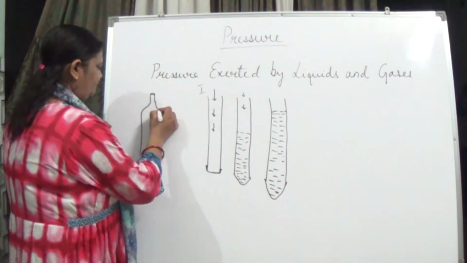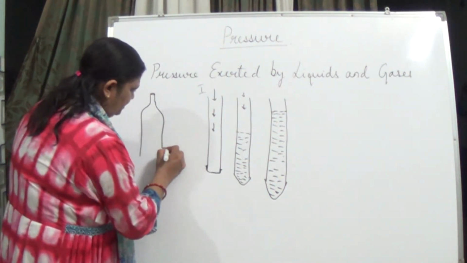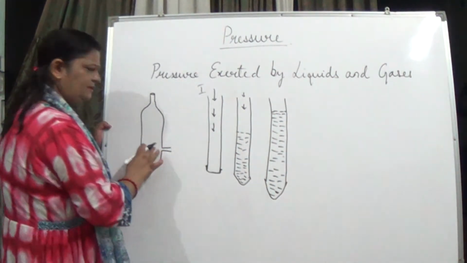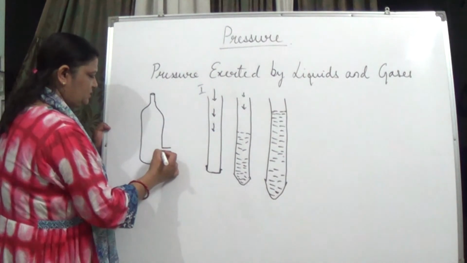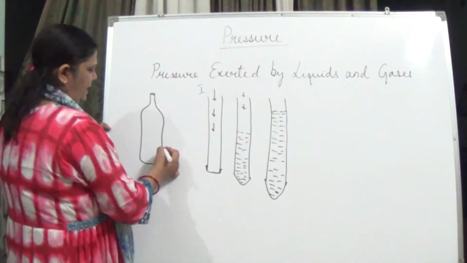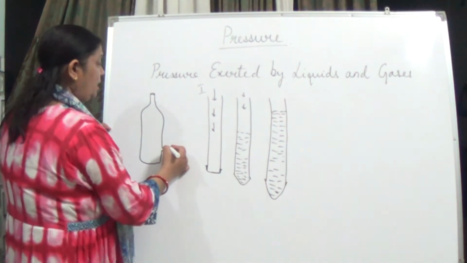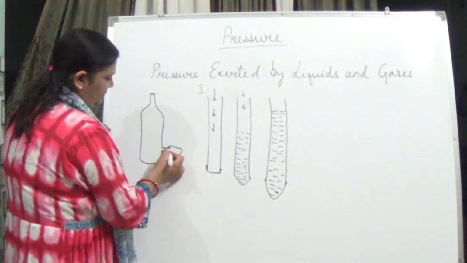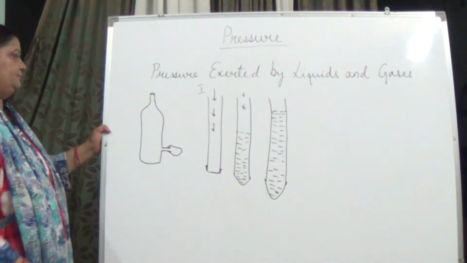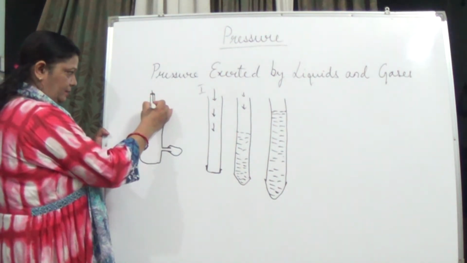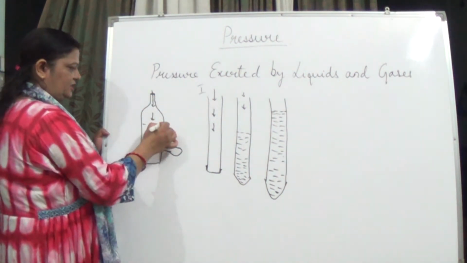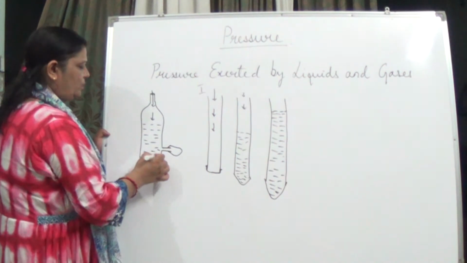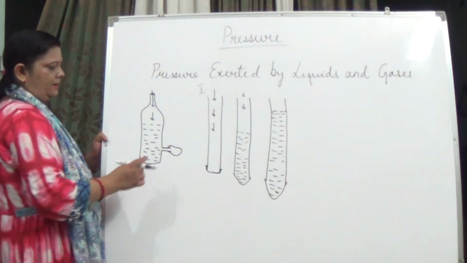We have taken a bottle, and here you are seeing, not at the bottom but at the lower portion only, we have cut that portion of the bottle and attached a small piece of tube which is tied with a balloon. Now you are adding water to it.